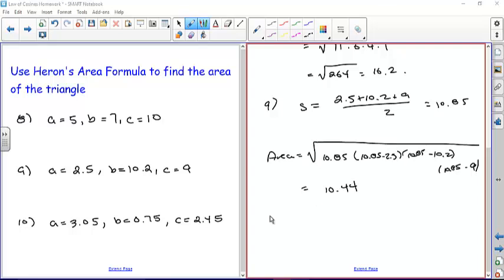And then finally, number 10. So S is the average of those, well, not the average, but the sum of those divided by 2.